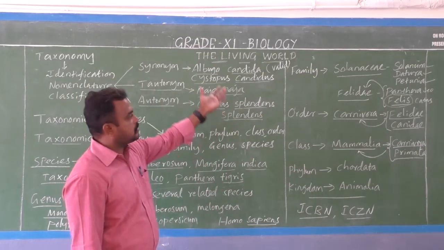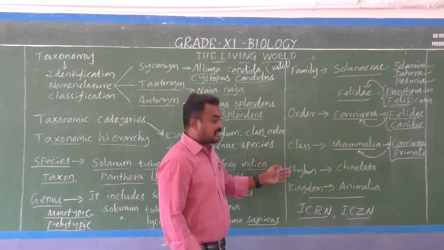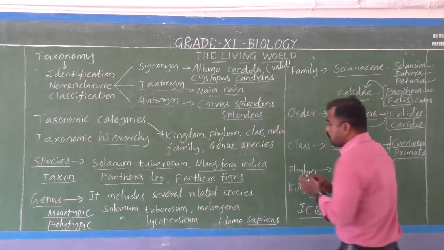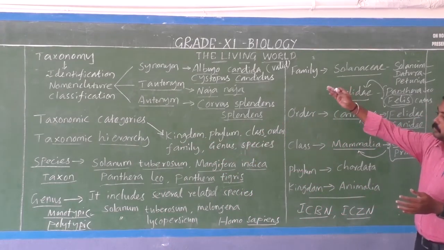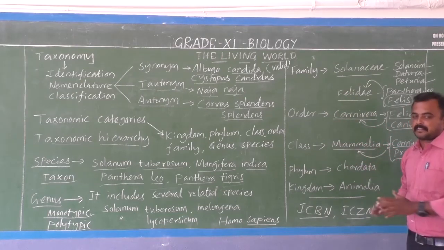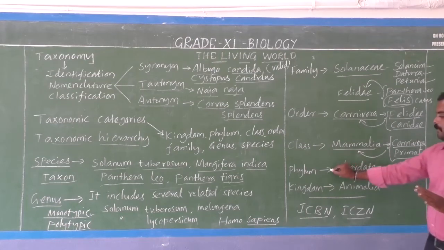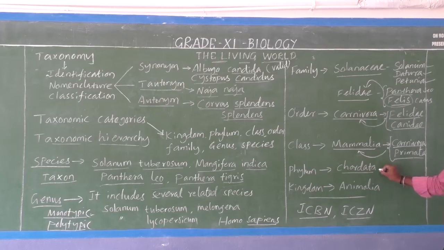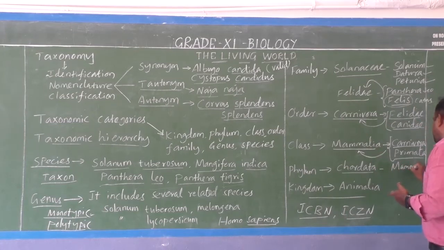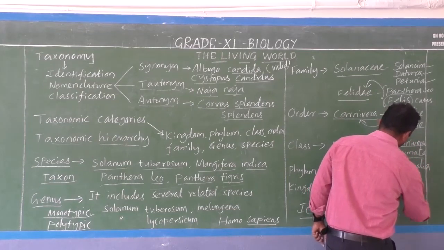Then phylum. It is also like species, genus, family, order, class. We have different kinds of phylum. It includes several related classes. Here you see when you go from species to genus, family, order, class, the common characters will be reduced. Then phylum will include several related classes. One phylum I have given as an example is Chordata, which consists of Mammalia, fishes, apes, amphibia.